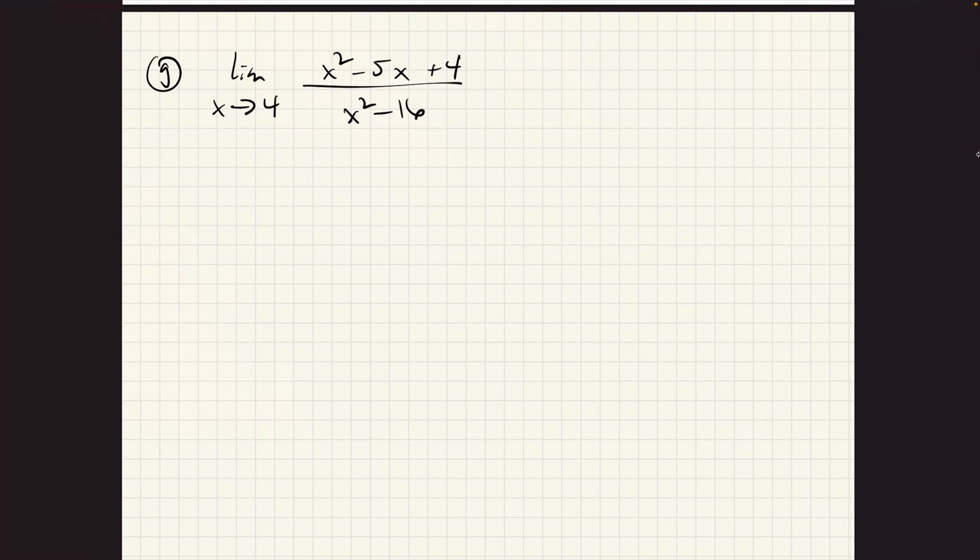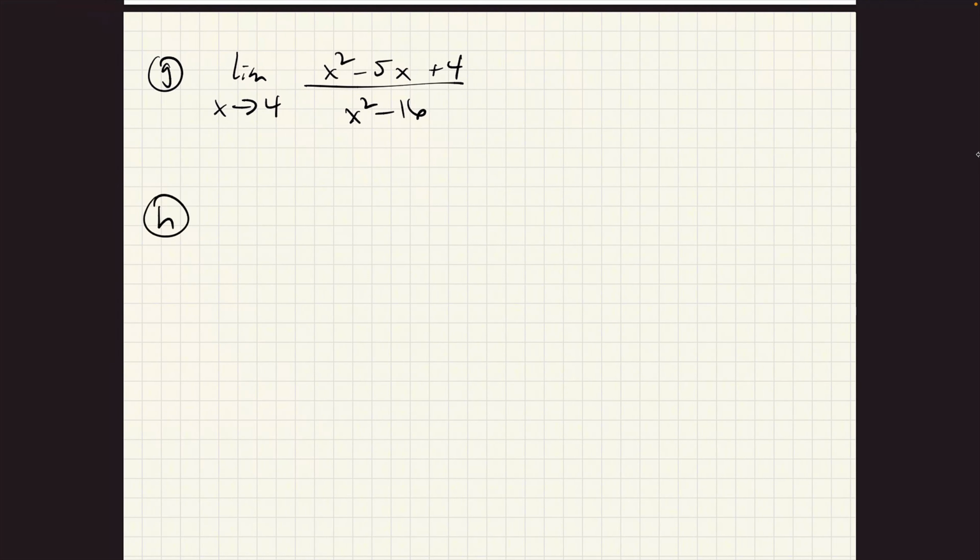Let's see. The limit as x approaches 4 of x squared minus 5x plus 4 over x squared minus 16, and then H. Let me give you one more.